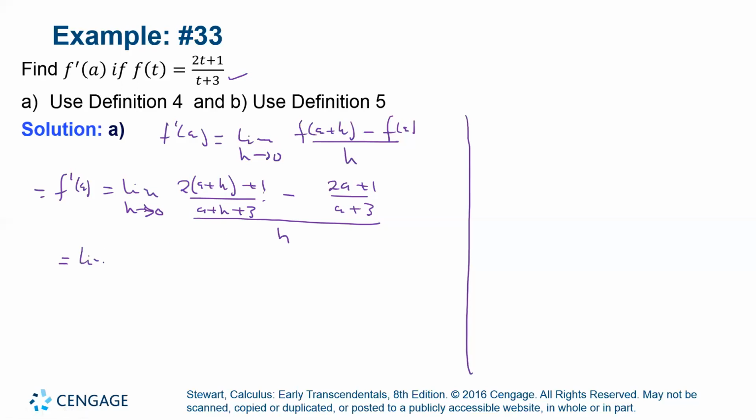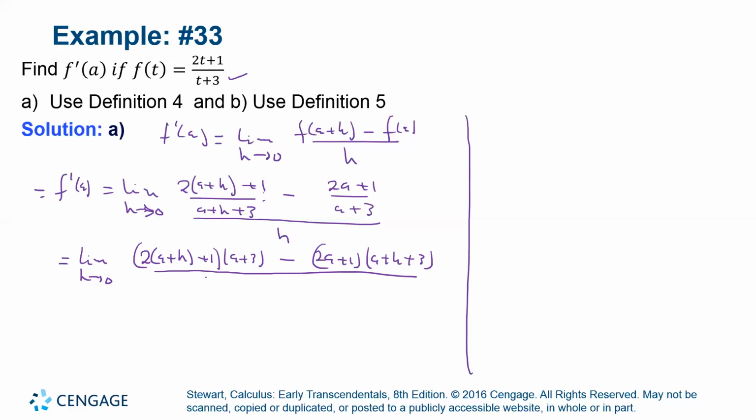So we have the limit as h goes towards 0 of 2a plus h plus 1, all times a plus 3, minus 2a plus 1 times a plus h plus 3, then all divided by a plus h plus 3 times a plus 3.